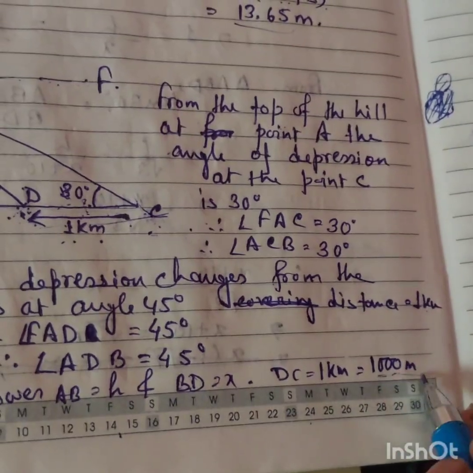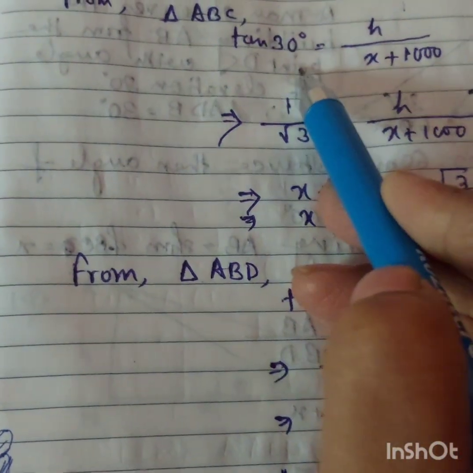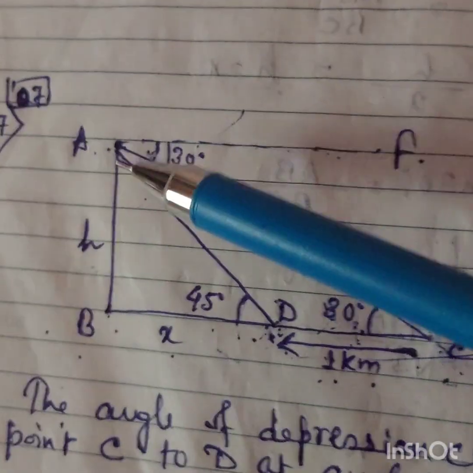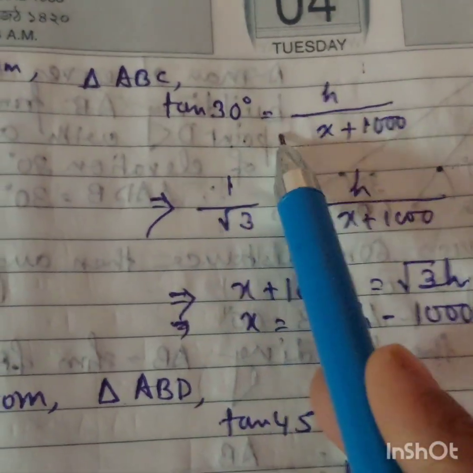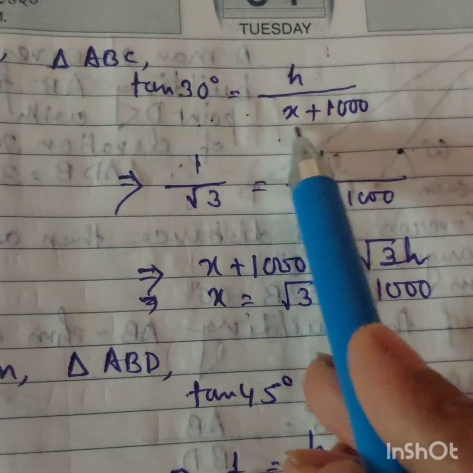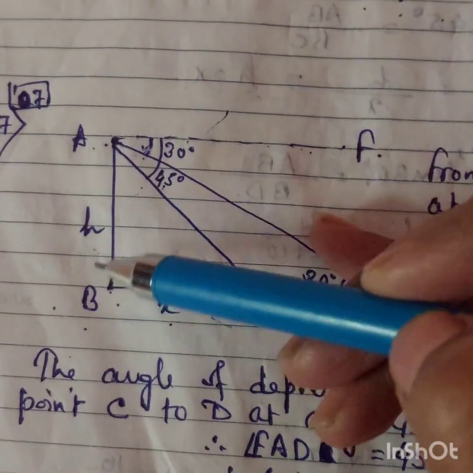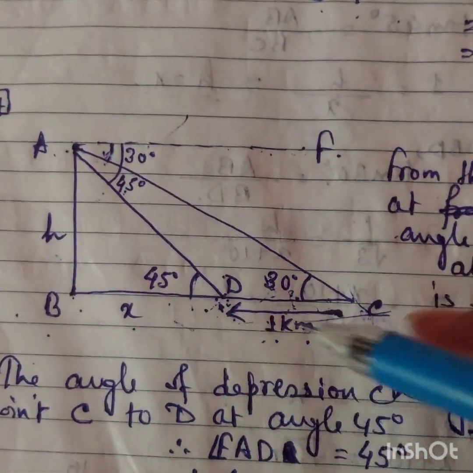If you convert it to meter, that will be 1000 meter. So from triangle ABC, tan 30 degree is equal to h by x plus 1000. Why? Because perpendicular is h and BC is x plus 1000.